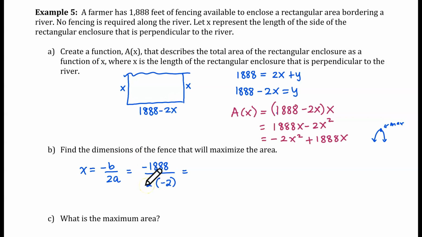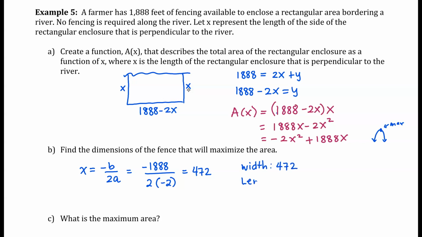Now simplifying this, negative 1,888 divided by negative 4 is equal to positive 472. That is your x, and x is actually the width of the rectangle here. So that means the width is 472.